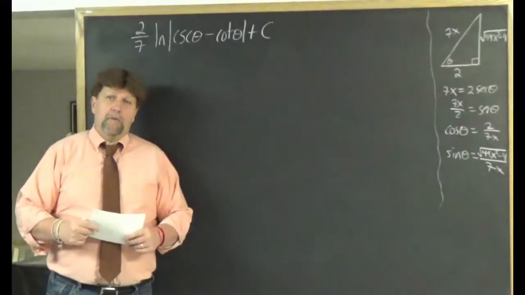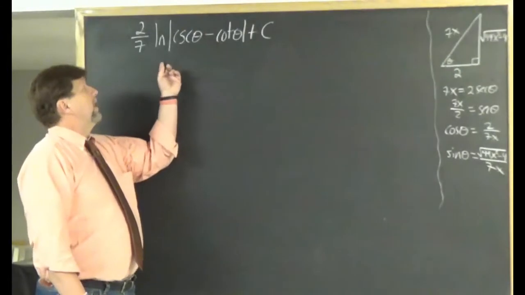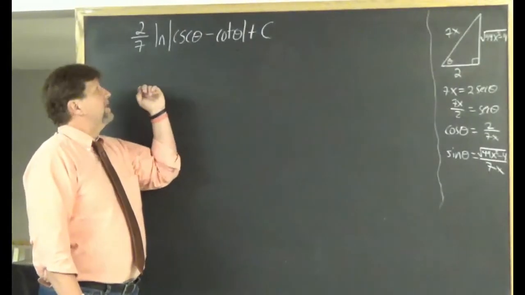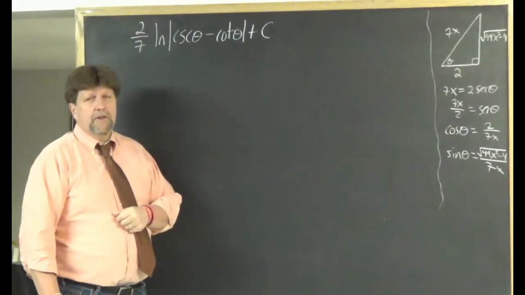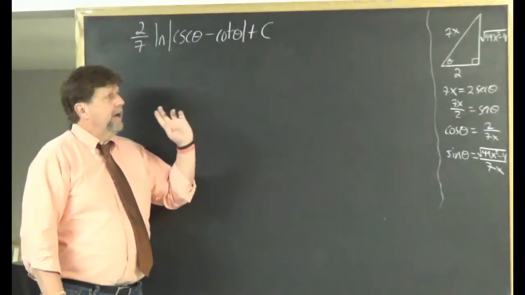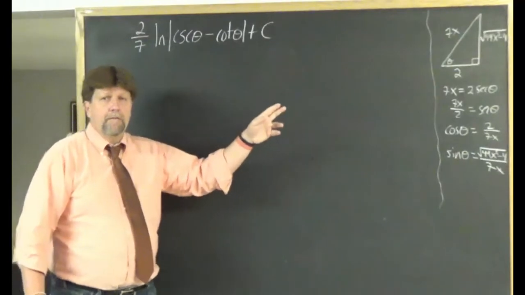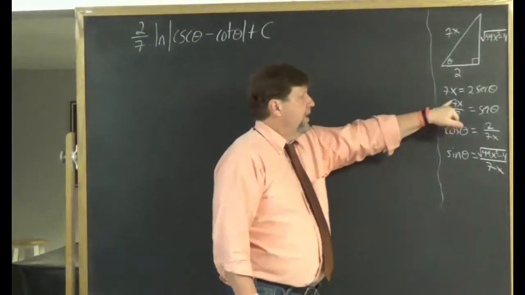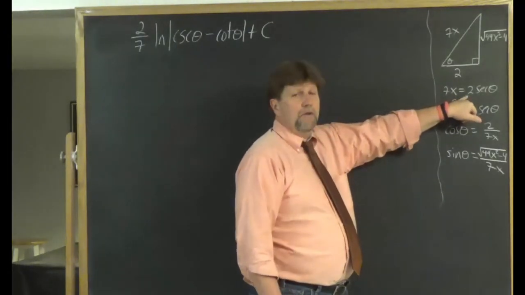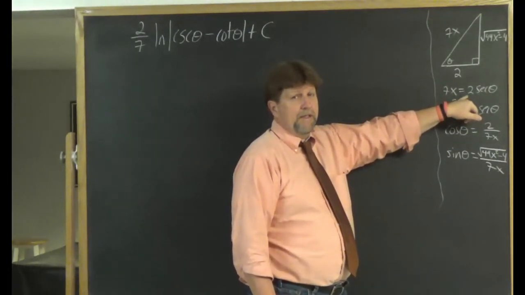All right, folks, picking up where we left off. This is where we left off: 2/7 natural log absolute value cosecant theta minus cotangent theta plus c. I went ahead and put over there the right triangle that matched up with the trig substitution. We let 7x equal 2 secant theta. That was our trig sub.